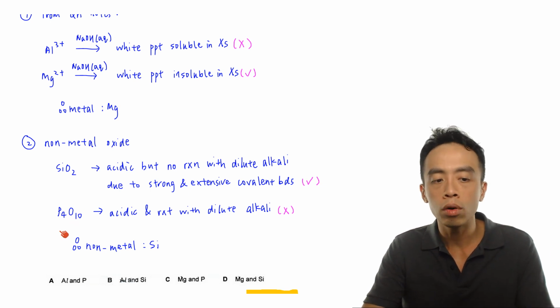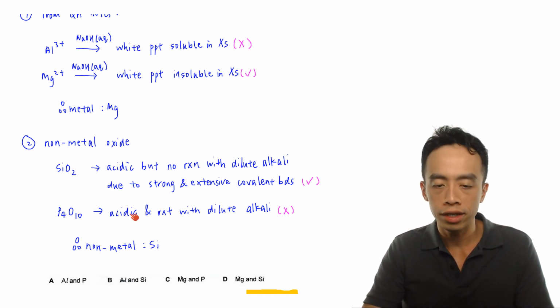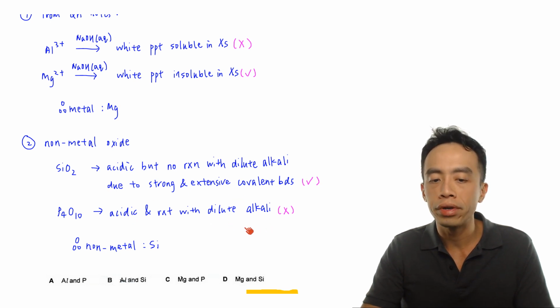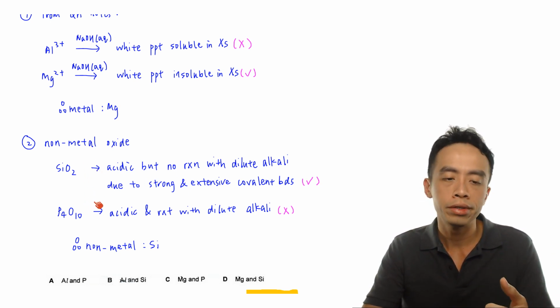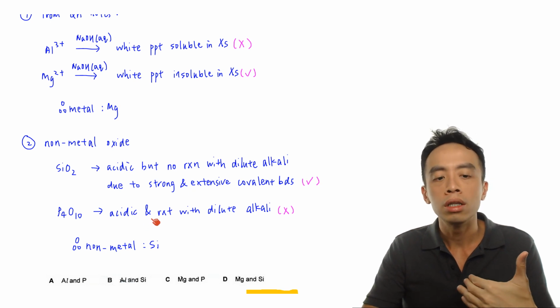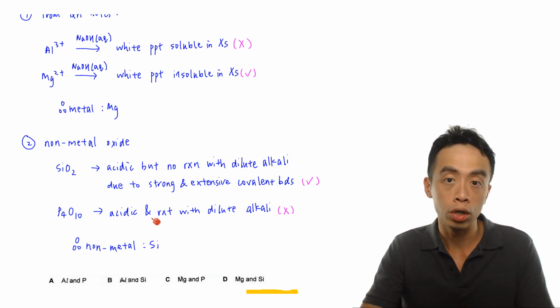If I look at P4O10, now P4O10 is acidic, so we would expect it to react with dilute alkali, undergoing a neutralization reaction or acid-base reaction. Obviously, since these two non-metal oxides are acidic, they shouldn't react with dilute acids.